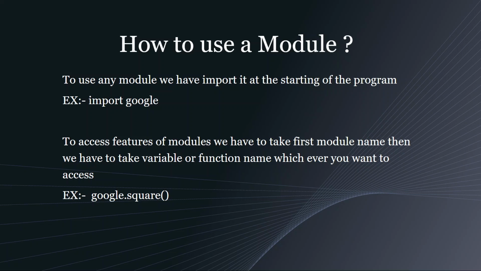Now let's understand how to access the features of modules, meaning the code which is there inside a module, how we can access it. For that, first we need to take the name of our module, like google, which is a module, and then we need to use the dot operator, which is used to link, and then the function which is inside that file.